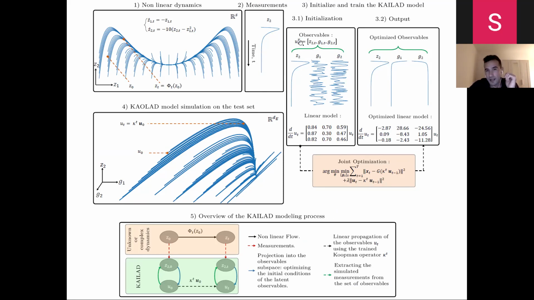We assume that this higher dimensional space is governed by a linear differential equation. We then optimize the parameters of the differential equation and the initial conditions of the observables to minimize the forecast error of the observations. So we end up with a reconstruction of the observables and with the identification of a dynamical system that can be used to forecast the observations linearly.